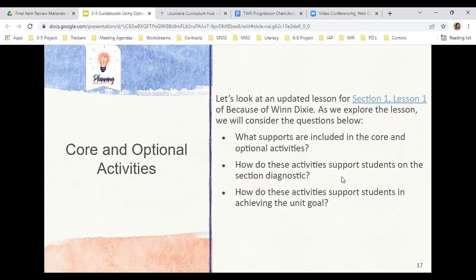All of the section diagnostics filter student understanding to that culminating task. So each time you give that section diagnostic, students should be showing you a little bit more of a puzzle piece to be able to accomplish the culminating task.